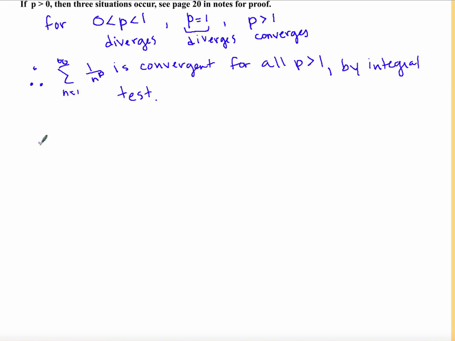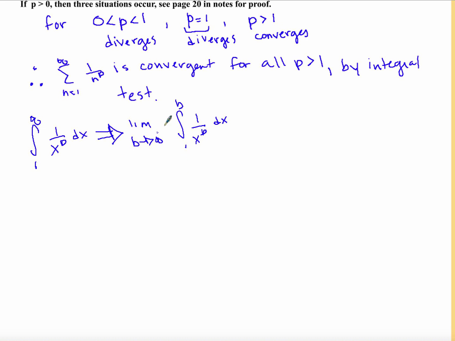So we've got the integral from 1 to infinity of 1 divided by x to the p power dx. And then we've got the limit as b goes to infinity of the integral from 1 to b of 1 divided by x to the p dx. So I'm working with x instead of n, that's fine.